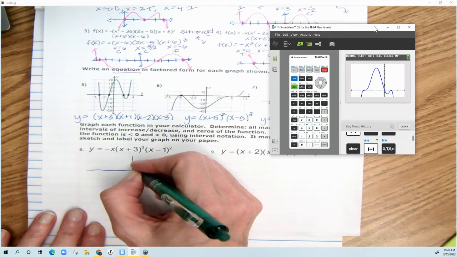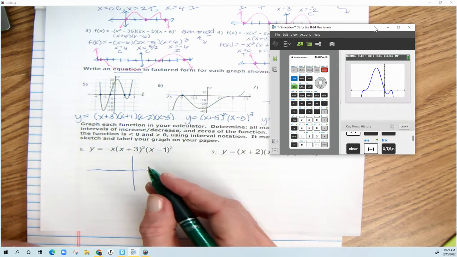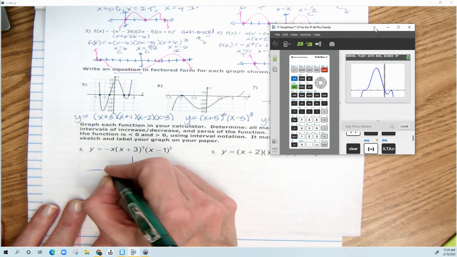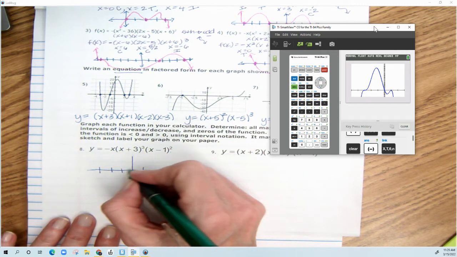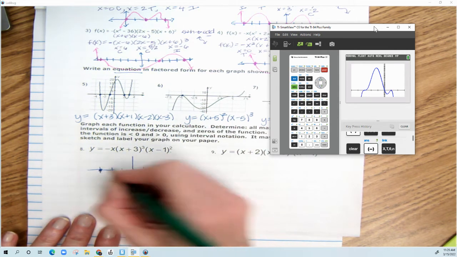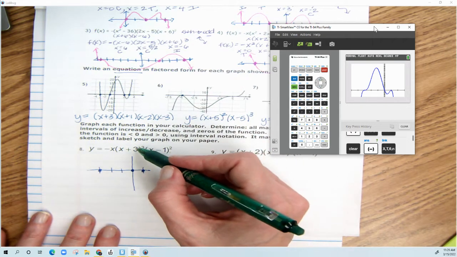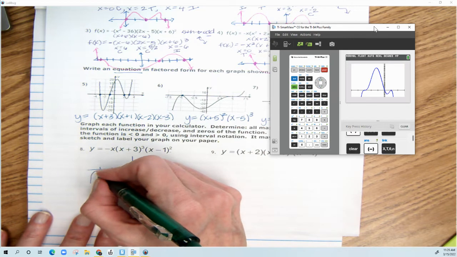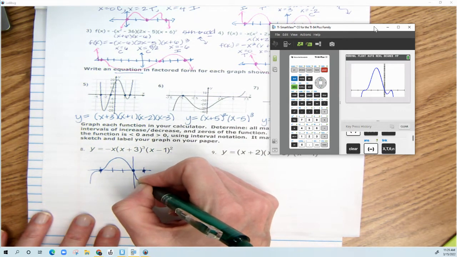It doesn't have to be the most wonderful thing. You can see here, the calculator can tell you where your x-intercepts are, but you can tell from your factors that you've got 0, negative 3, and 1. And it is an inflection at negative 3, cross at 0, and a tangent at 1.